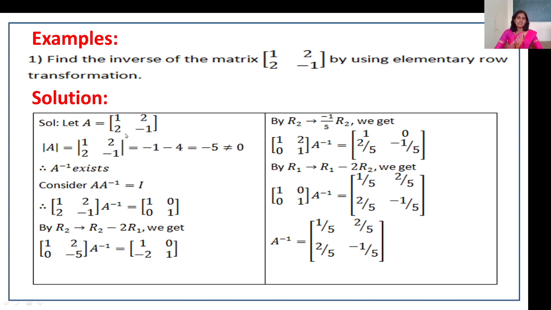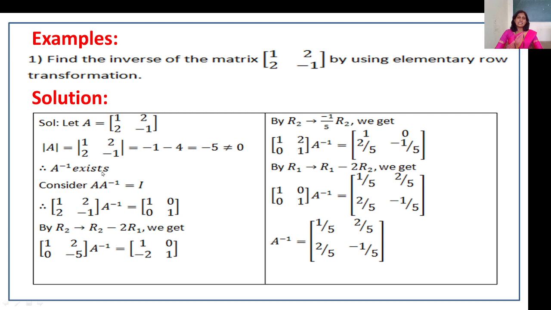If this matrix is non-singular, then its inverse exists. For that, we find the determinant of A, which is -1 - 4, equal to -5. This value is non-zero, so this matrix is non-singular and invertible, which means the inverse exists.